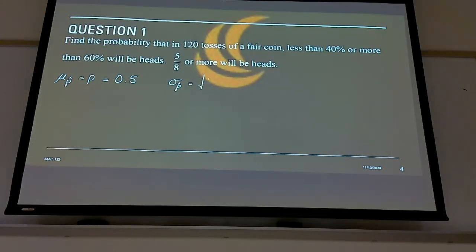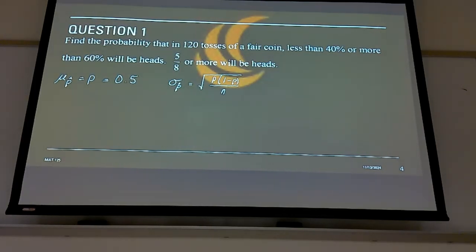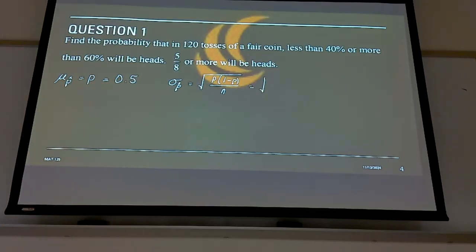Standard deviation. It's the square root of p times 1 minus p over n. What's 1 minus p then? 0.5, this one's easy.